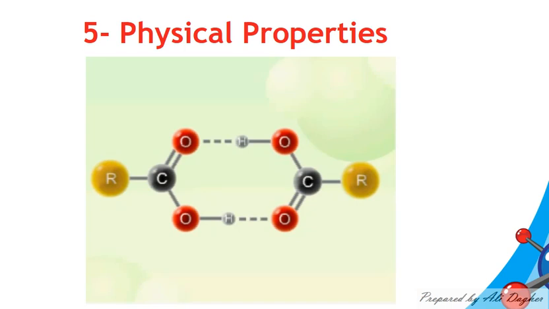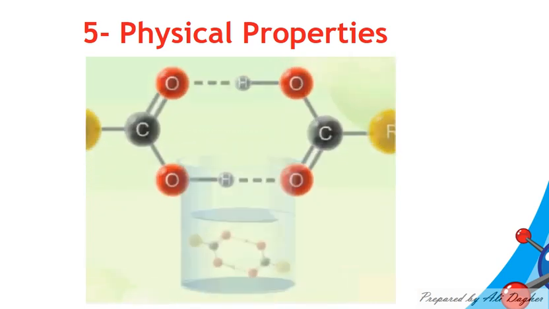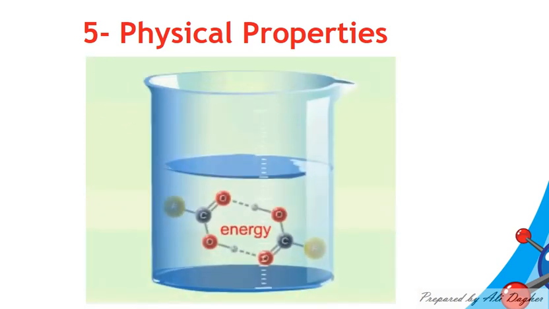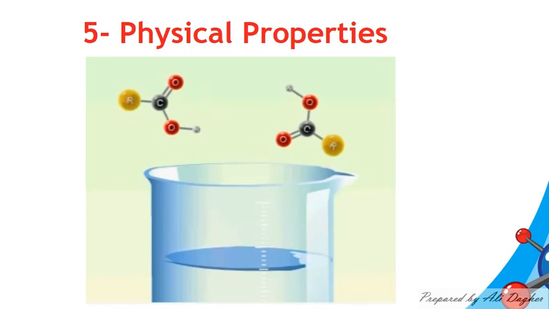In every dimer, two molecules of acid are linked together by a pair of strong hydrogen bonds. Additional energy is required to break the dimers into the single molecules that occur in the vapor phase.